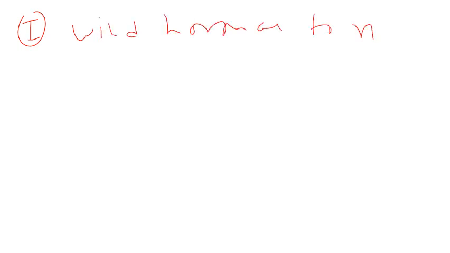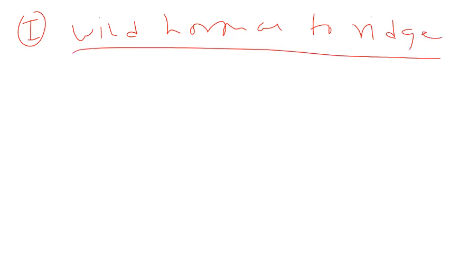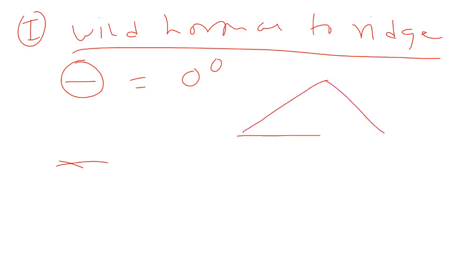First case, wind normal to ridge. So theta is different here. Theta is the wind direction, that is 0 here, 0 degree. But the theta for the angle of the roof is different.